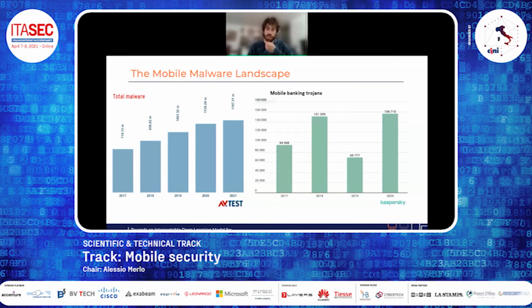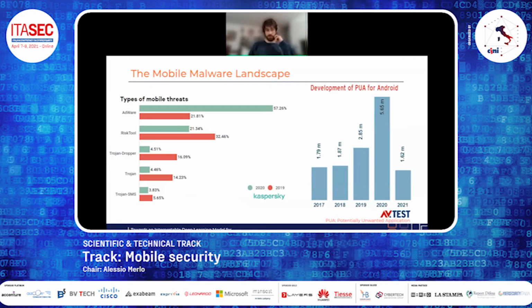I took this information from AV-Test and Kaspersky: in the last year, there was a huge increase of banking malware in the mobile environment, and also of types of malware like adware or so-called potentially unwanted applications. All these applications are abusing the trust of the user.